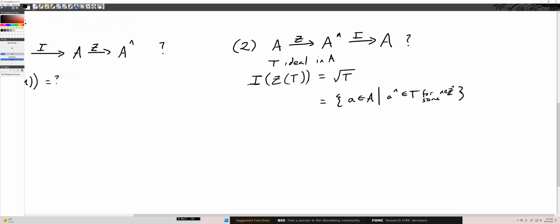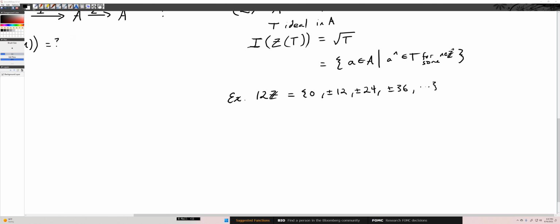We get the radical of T, T being an ideal. Now the radical is something you may or may not have seen before. Here's the breakdown of a radical, and I'll do a quick example using integers. Basically, the radical is every element inside the ring such that some positive exponent of that element is in T.